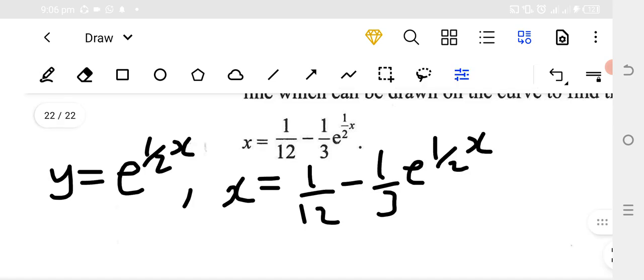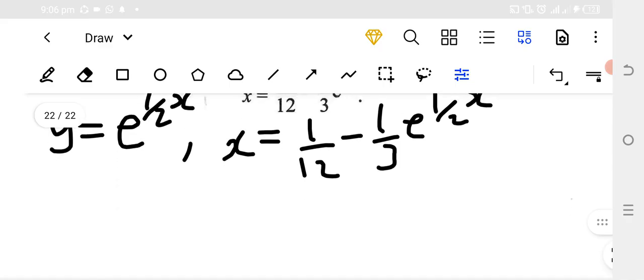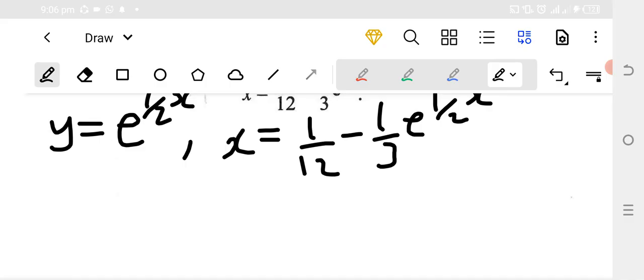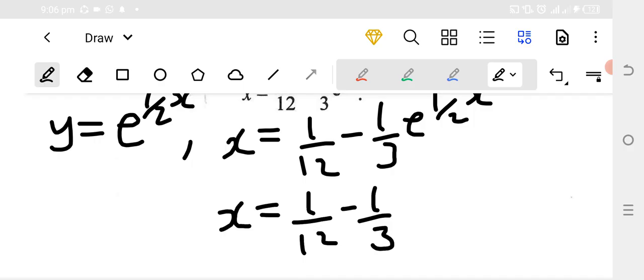So since we already have the equation saying y is equal to e to the power half x, wherever we can see e to the power half x, we are going to put y.